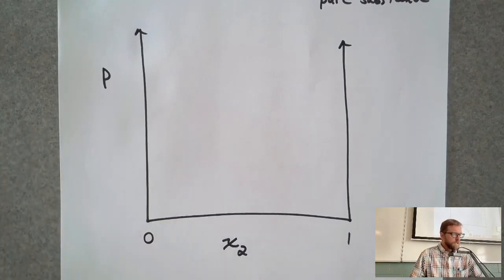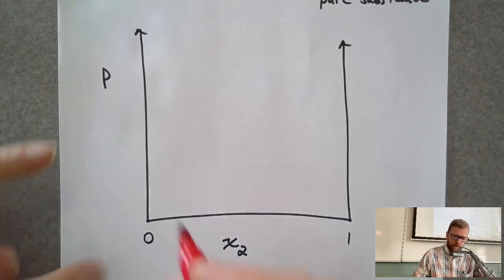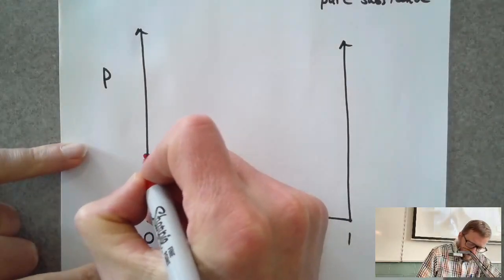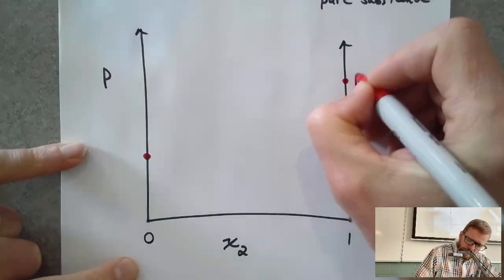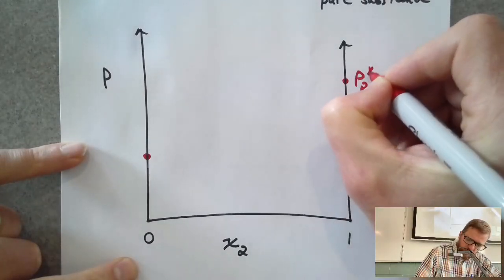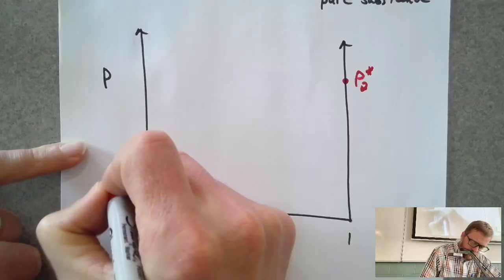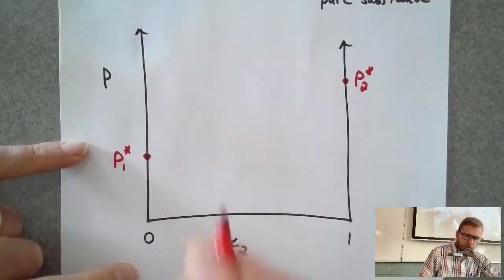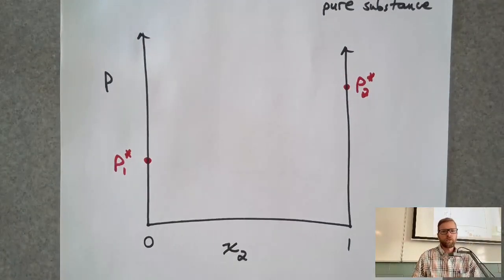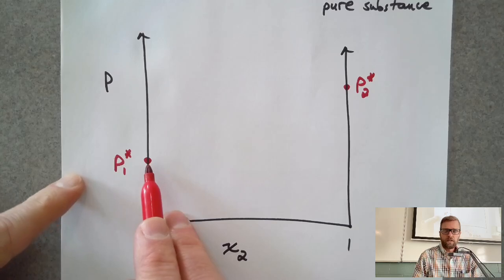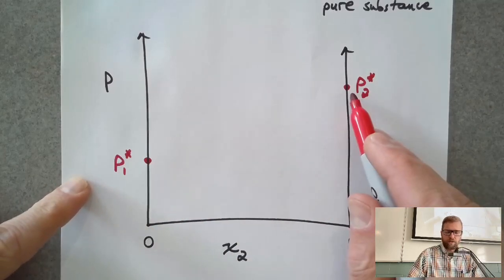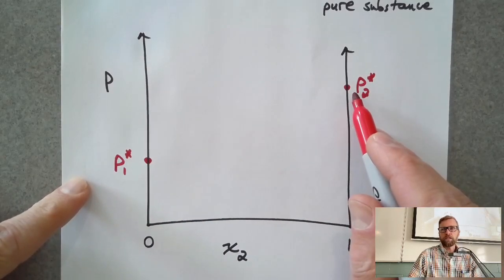Okay, so we know the points. This is going to be P2 star, and over here this is going to be P1 star, right? So when I have pure component 1, I'm going to have a pressure that's just P1 star. And if I have pure component 2, I'm going to have a pressure that's P2 star.